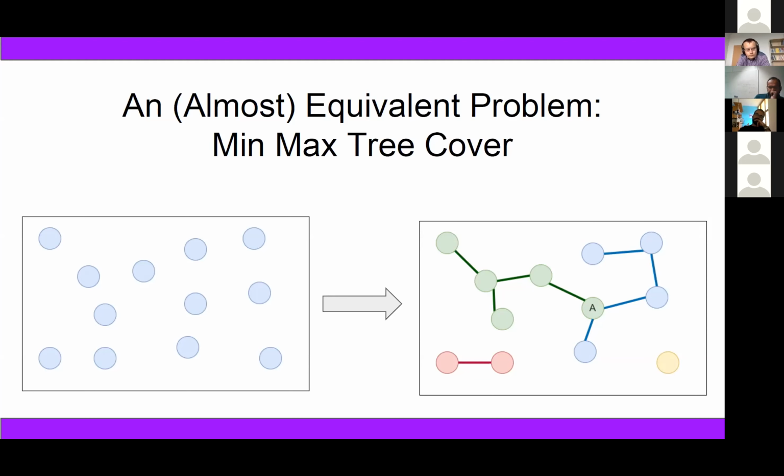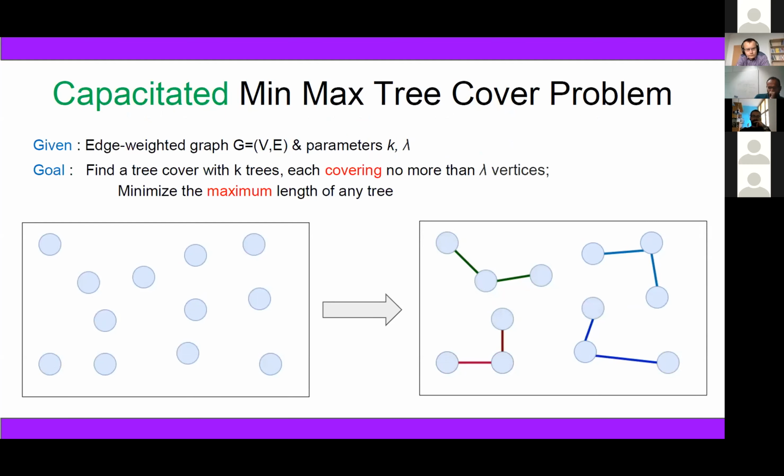This has been studied for quite some time now, but what we study here is a capacitated version. Think of every vehicle as having a capacity, so they cannot visit as many clients as they want. I'm restricted by a parameter lambda, which tells me how many points can be covered by a vehicle, or in the case of the min-max tree cover problem, how many vertices can be covered by a single tree in my solution.